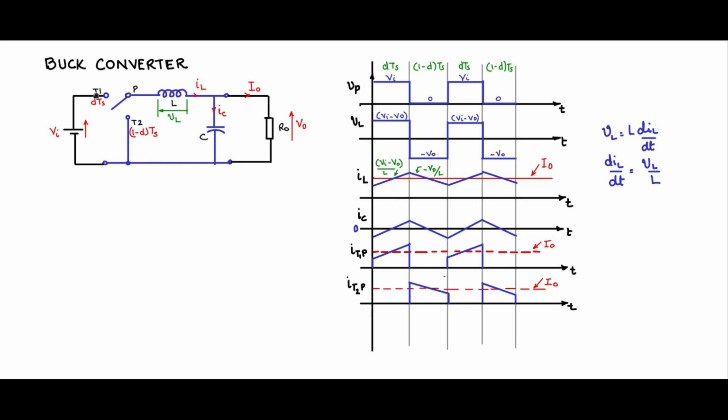When T1P is connected, inductor is charging up like this, it is going up, and then when pole is connected to T2, inductor is discharging, it is falling, so it is freewheeling through this. So the current flow is in the direction T2 to P.